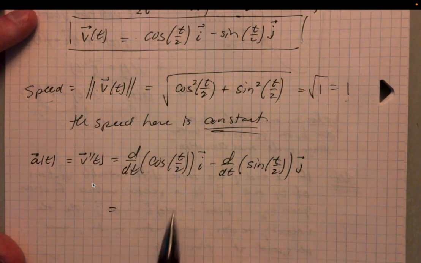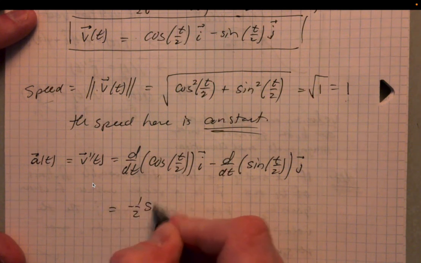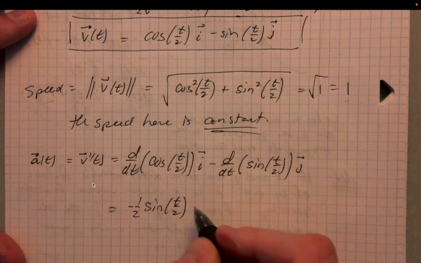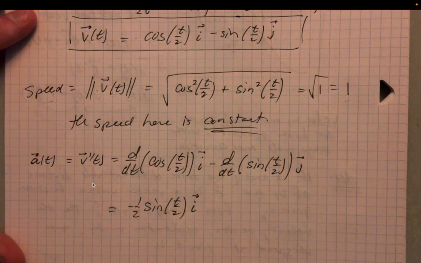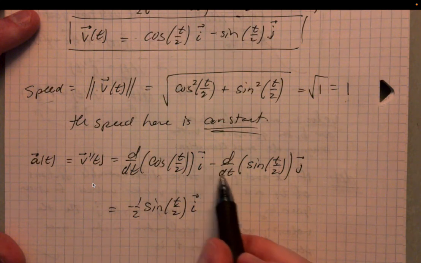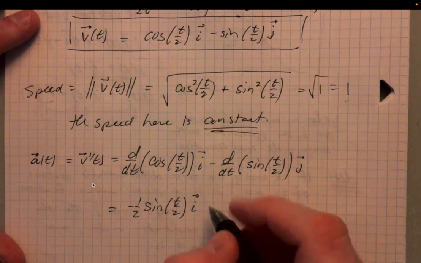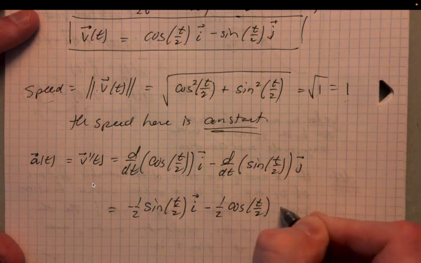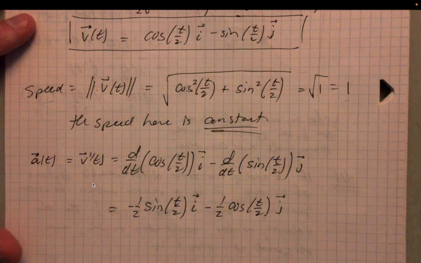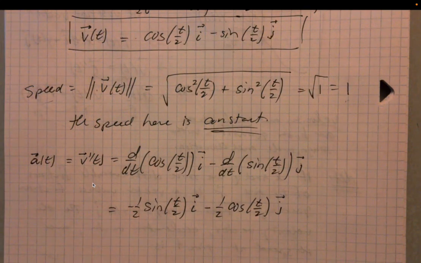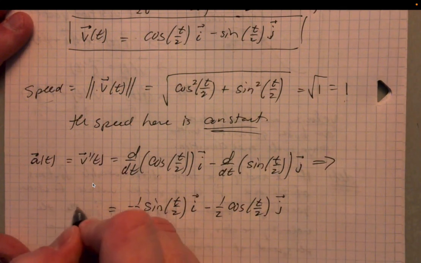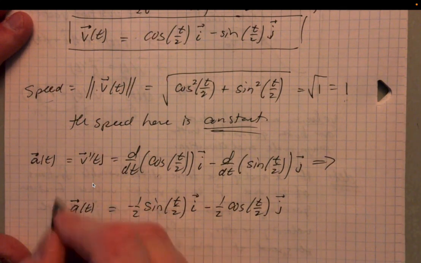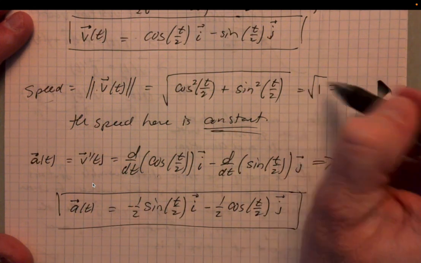And so this again would be a negative 1/2 times the sine of t over 2 times i. And then over here it's minus, and then this would just be 1/2 cos, right? Yep. Okay, so that is what the acceleration looks like. So now we have the acceleration as well. So we technically have all of the things that we need.